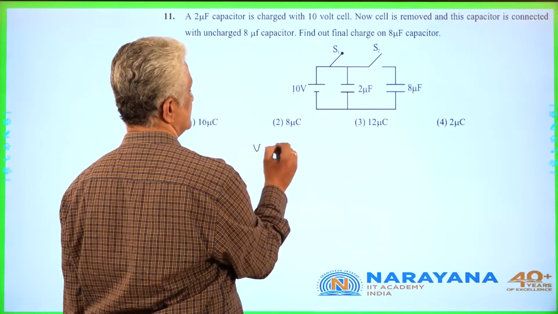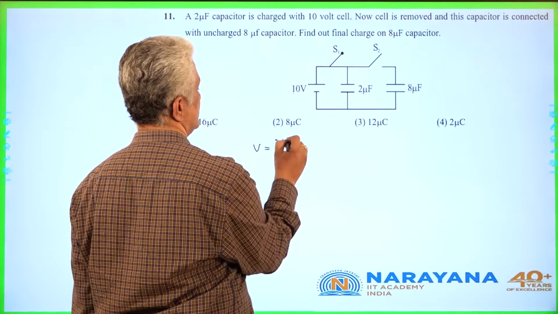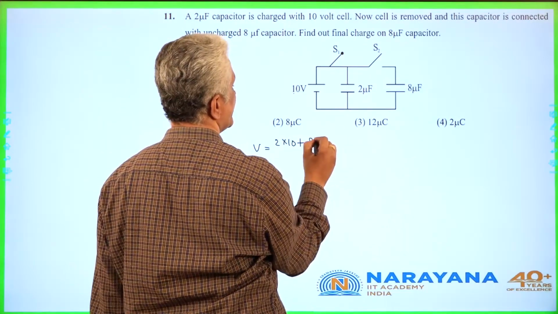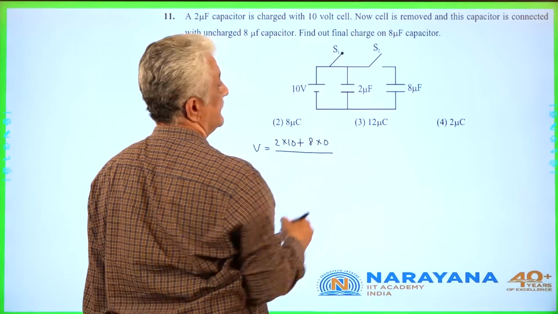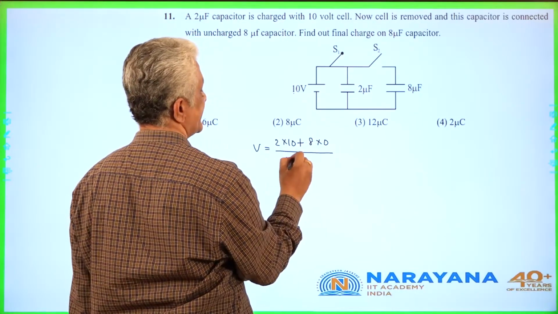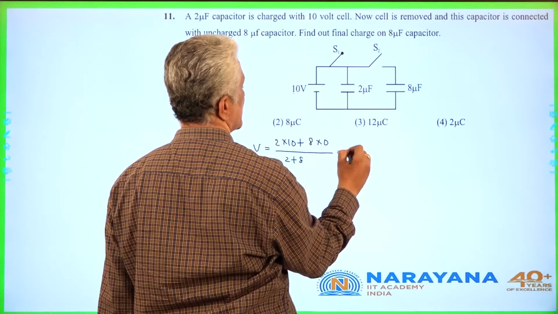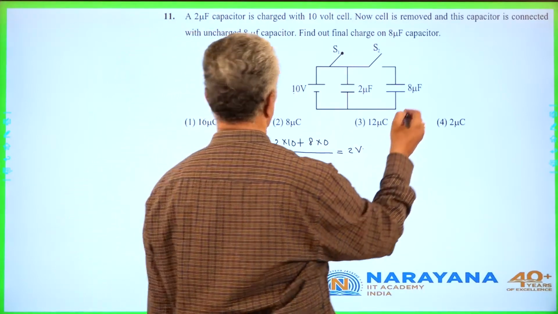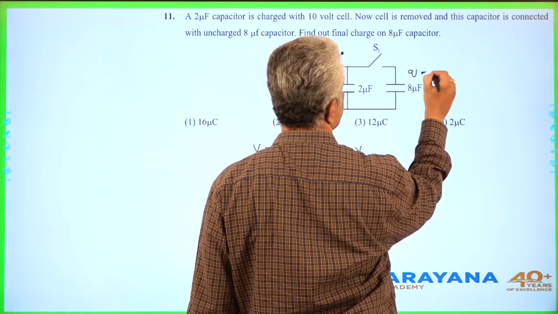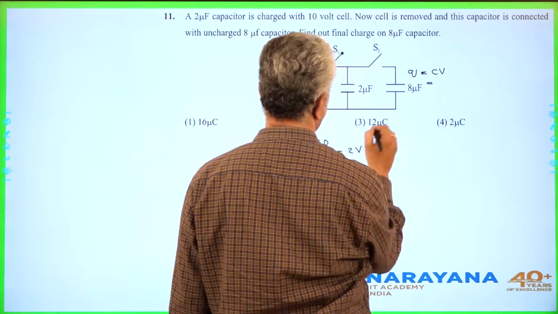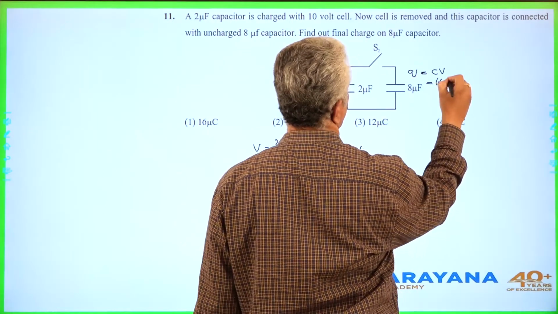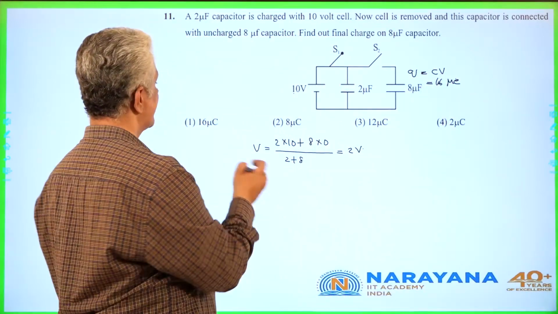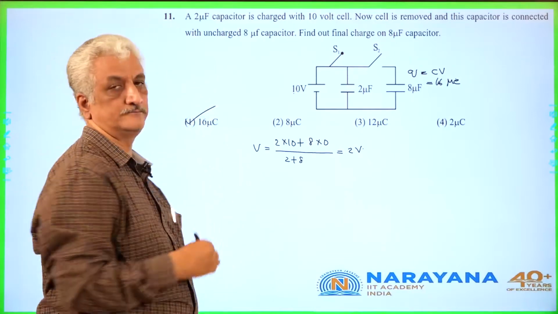V equals C1 V1 plus, initially it is of no potential, so 8 into 0, by 2 plus 8, nothing but 10. Total becomes 2 volts. Then the charge Q will be CV, which is 8 into 2, nothing but 16 micro coulomb. So the answer is 16 micro coulomb.